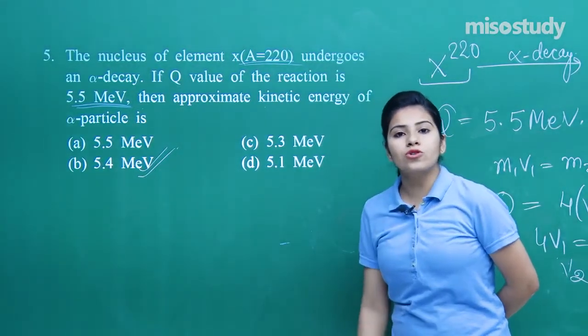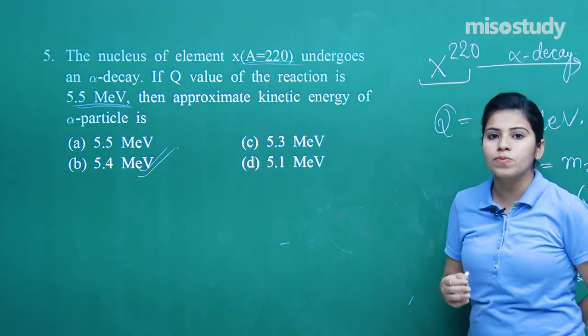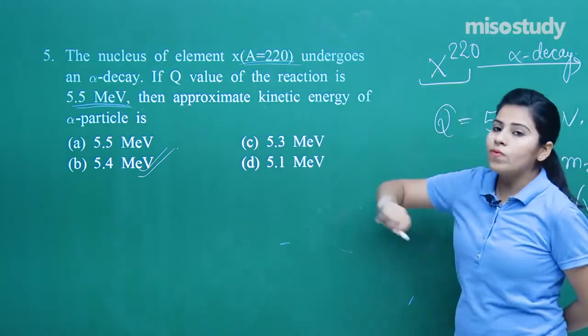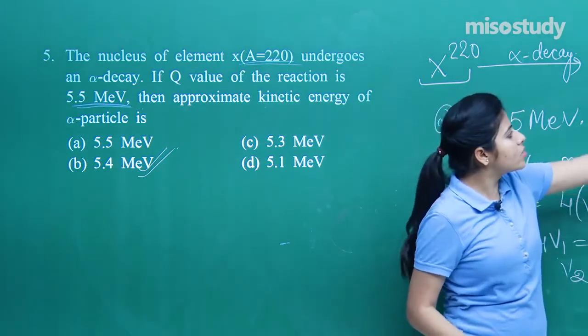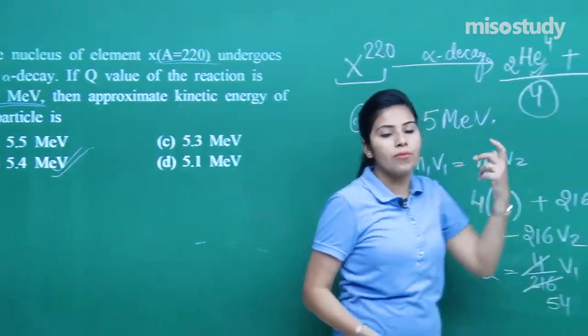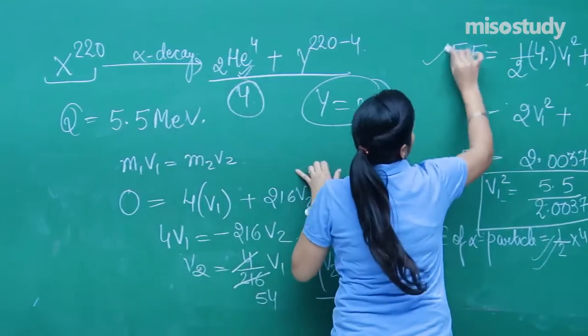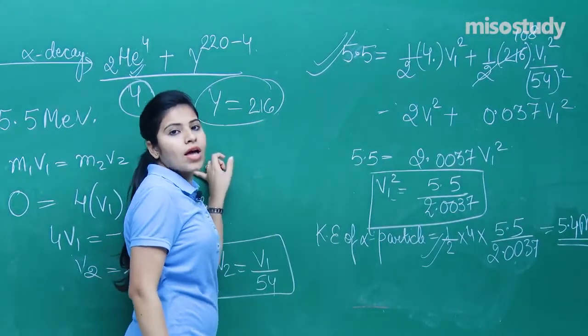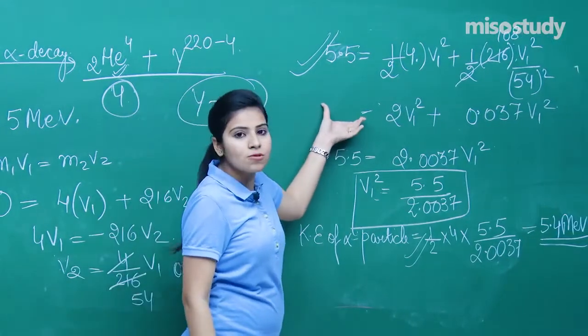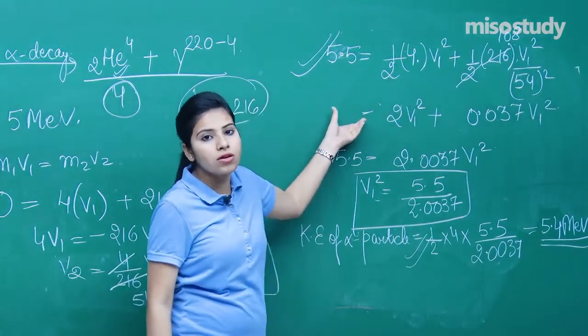So this is the way to start the question. We should know that the Q value is nothing but the energy. That is why we have written the Q value as 5.5 equals half m1 V1 square plus half m2 V2 square. We are using this in this manner because we have to find the velocity.